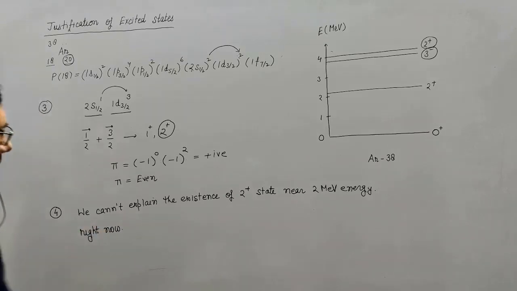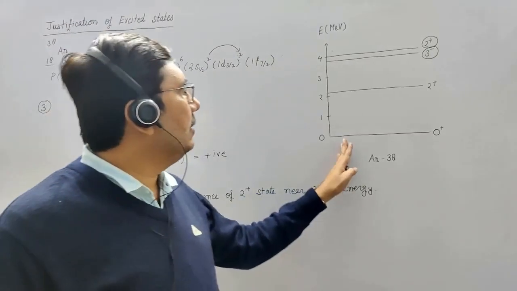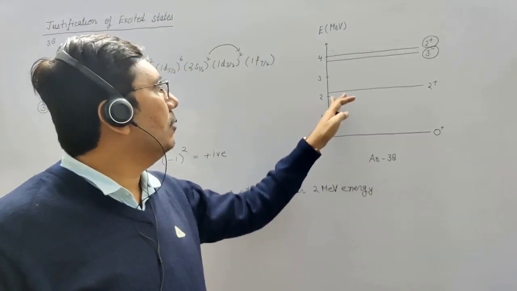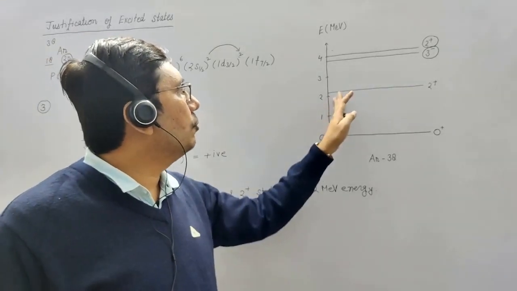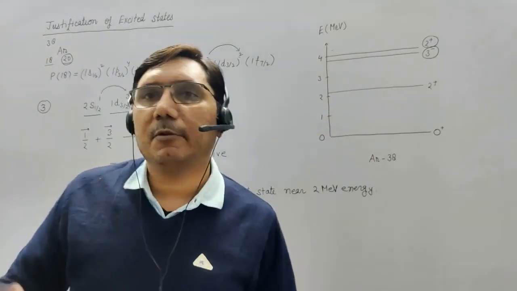Whatever we have discussed up to this point, on the basis of that we cannot explain this 2 plus state. Later on we will find out that this is an example of even nuclei, and in even nuclei we have a 2 plus level close to 2 MeV energy that we are not able to explain.